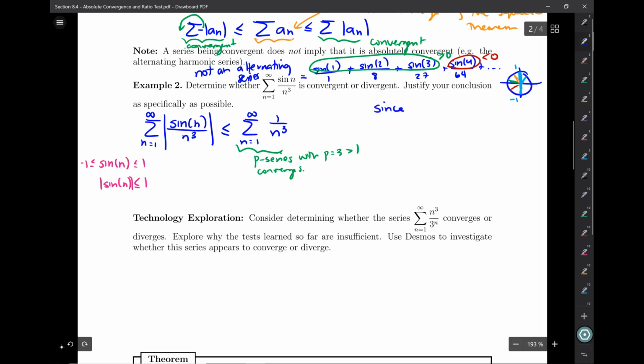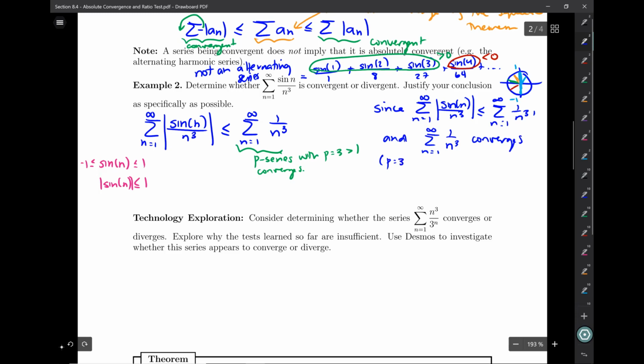So I would write something along the lines of, since this inequality with the absolute value is less than or equal to this series, and we know that the series 1 over n cubed converges.